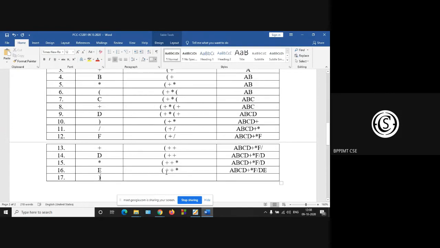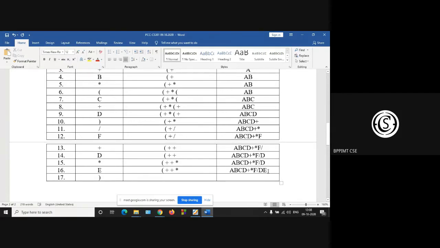So what will be the scenario for the closing bracket? This closing bracket will pop everything until it gets an opening bracket. Don't write the closing bracket and the opening bracket in the final expression.